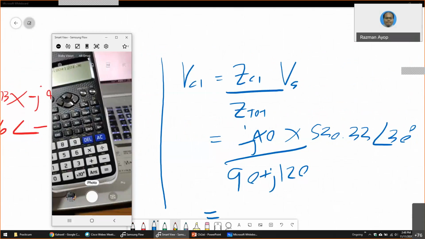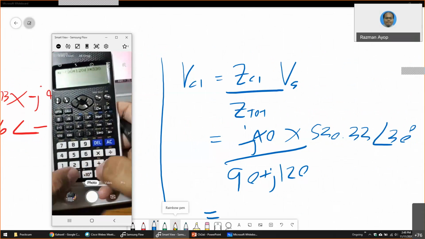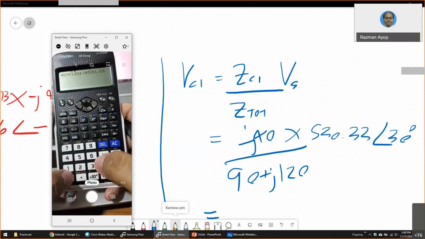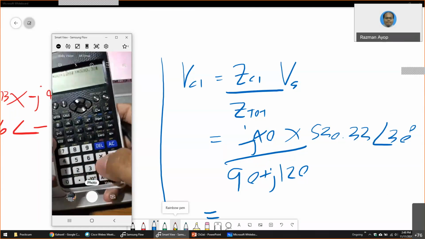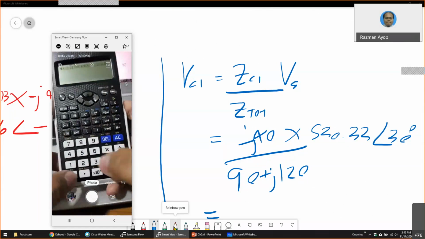So calculate and multiply by 530.33, the angle is shift 30 degree.